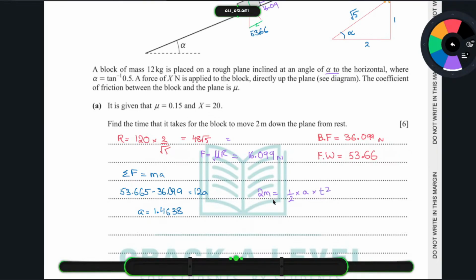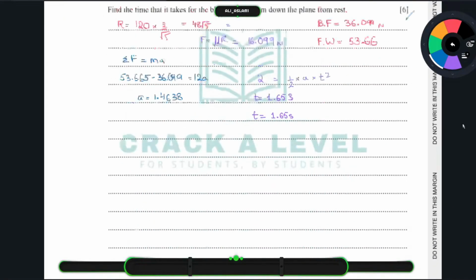So that is 4 divided by acceleration, that is this, and we take the root of it, so we get t as 1.653 or 1.65 seconds. 1.65 seconds. 6 marks. Wow.